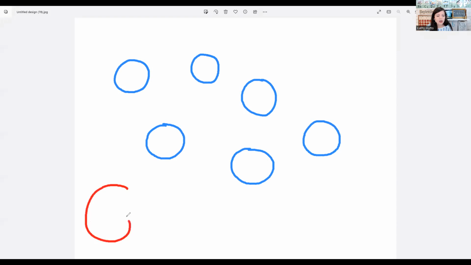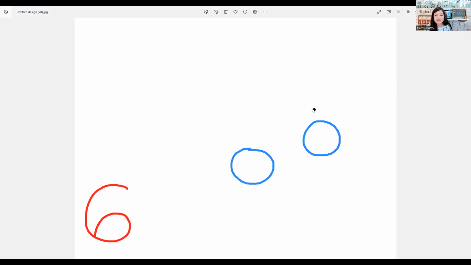Curve around, loop, and down. Now let's pop the bubbles. 1, 2, 3, 4, 5, 6. If you drew bubbles, you can just put an X on the top to pop them.